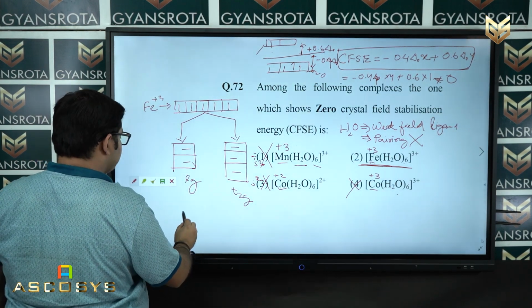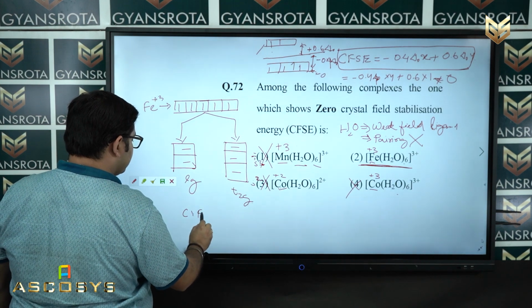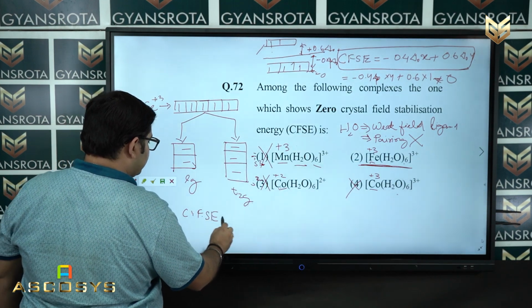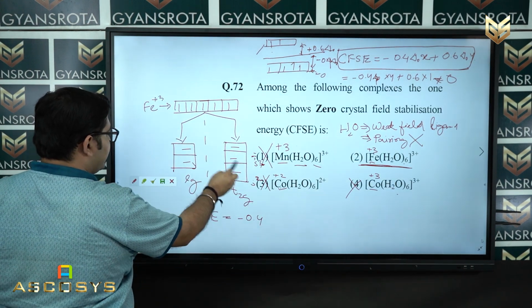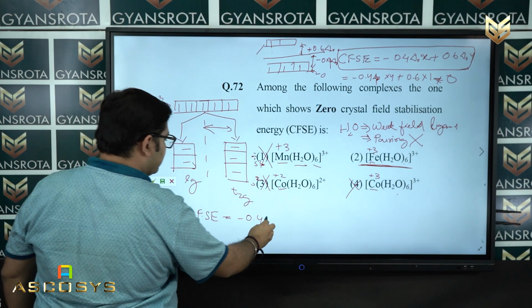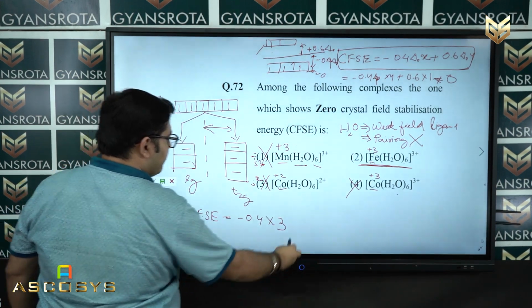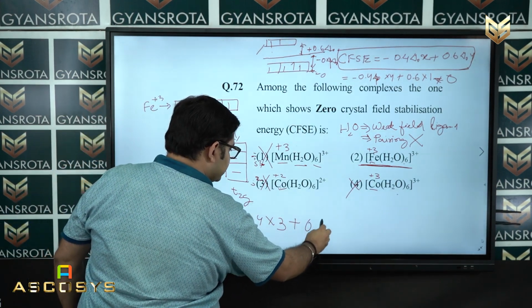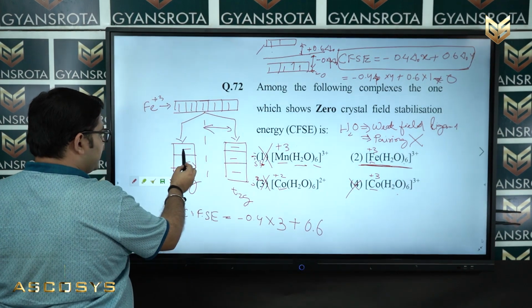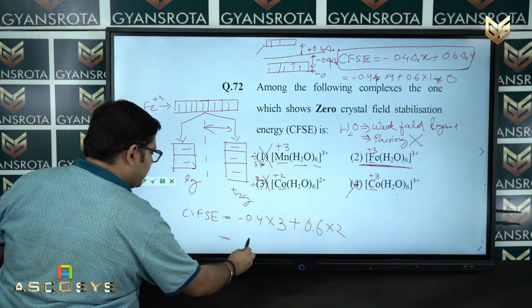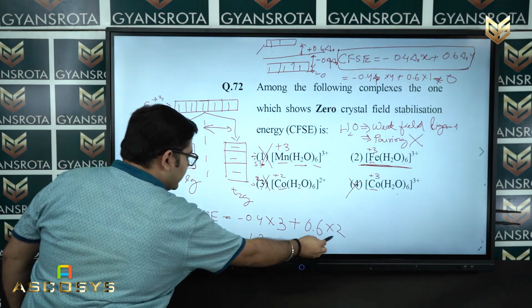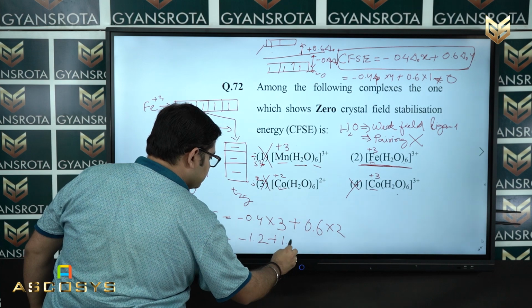Now using this formula, CFSE is minus 0.4 into how many electrons are in t2g, that is 3 electrons, so into 3, plus 0.6, how many electrons are present in eg orbitals? 2, so into 2. Now 0.4 into 3 comes as minus 1.2, here it will come as plus 1.2.